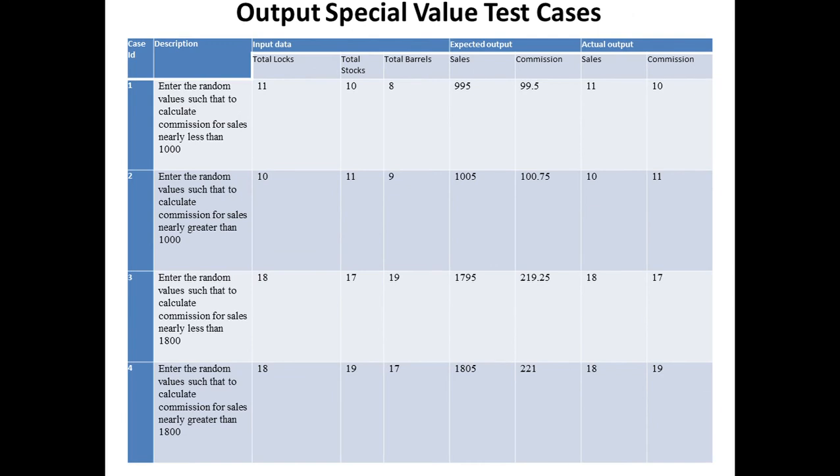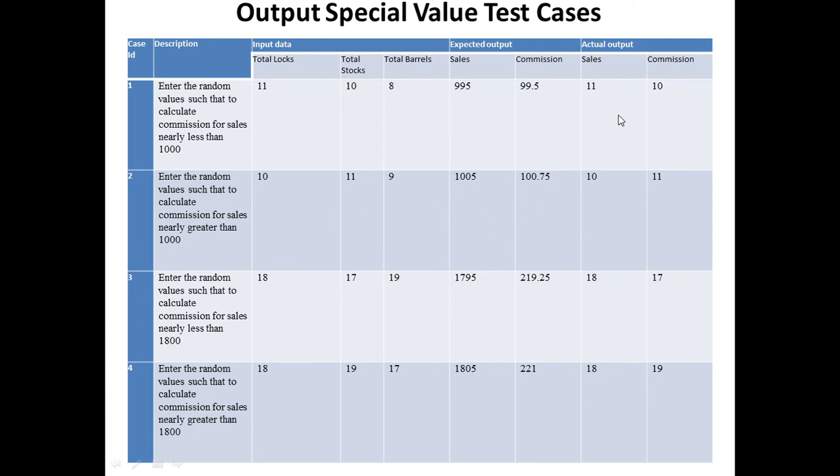Now we'll see the special test cases. So what are these special test cases? Here, enter random values such that you calculate the commission for sales nearly less than 1000. These are considered the special cases.